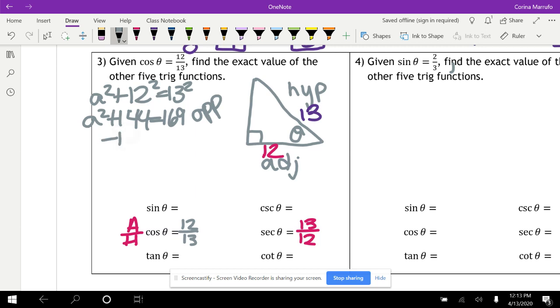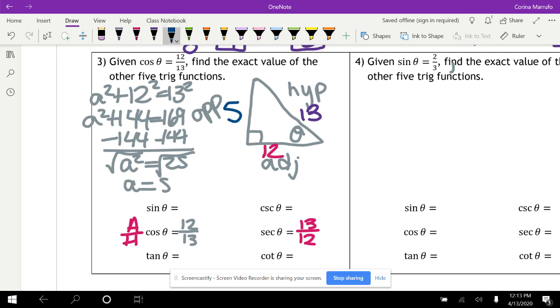We subtract the 144, and we get a squared equals 25. We take the square root and we find that our missing side is going to be 5, because the square root of 25 is 5. Our opposite side is 5.